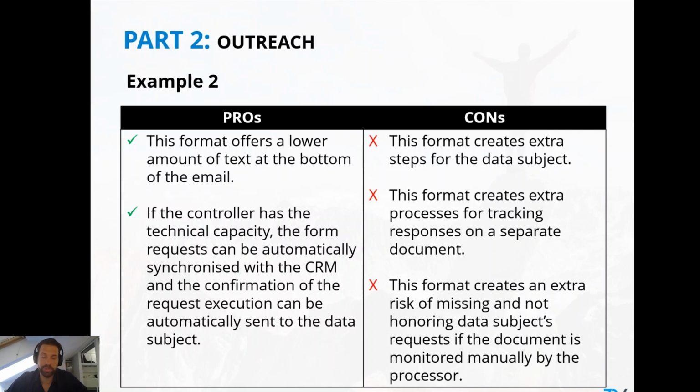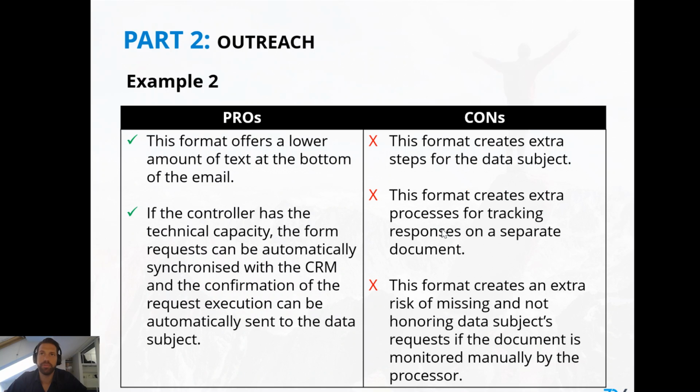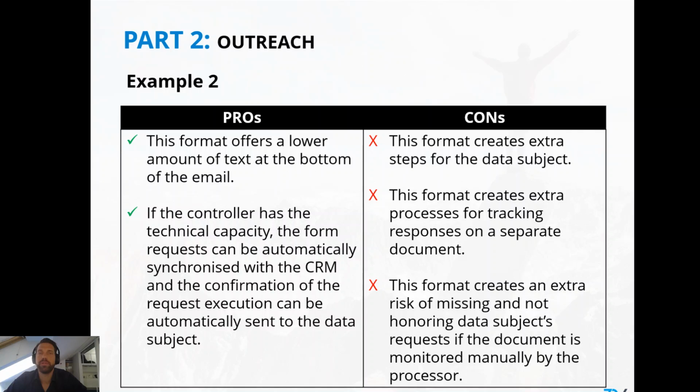For example, they will need to put their email there and express their right. So if they say they want full erasure, you will need to delete their email from the CRM and then delete their email from this form as well. So it's kind of creating duplicate data to remove, right? But then again, it's less text at the bottom of your email, and you might be able to automate this, like the erasure, if you have the capacity internally.